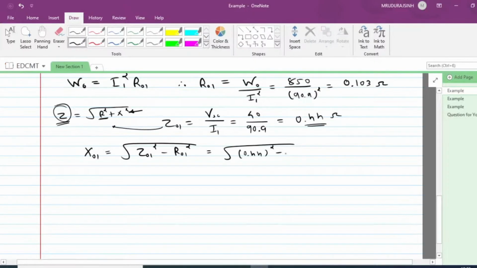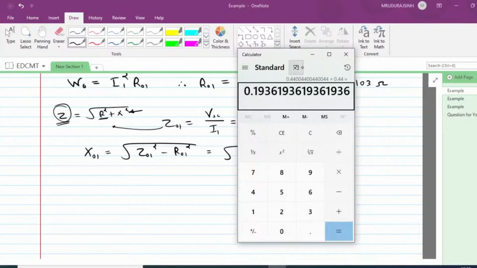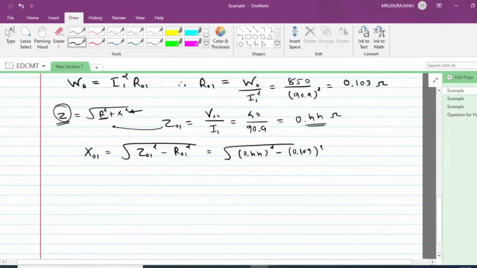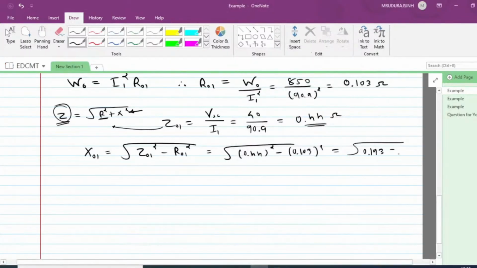So 0.44 into 0.44 gives us 0.193, minus 0.103 into 0.103, which is 0.0106.